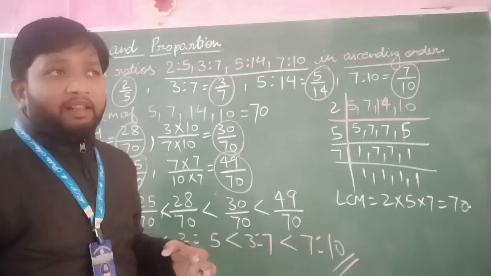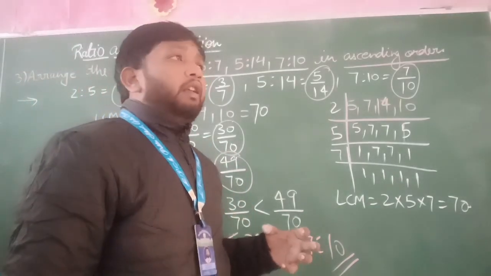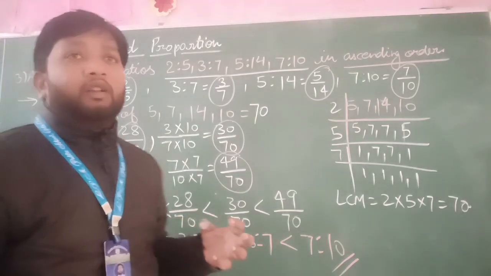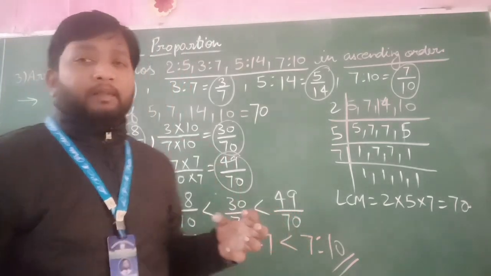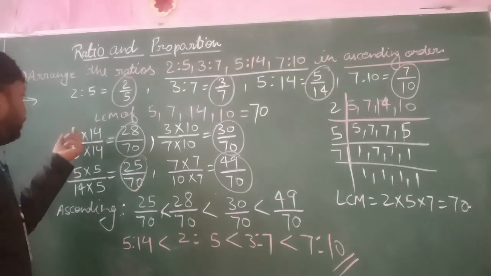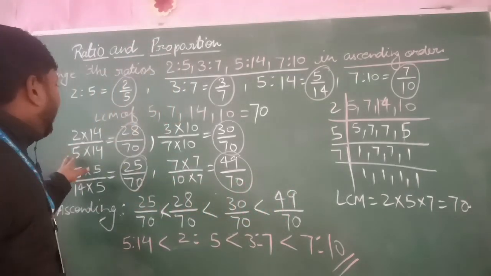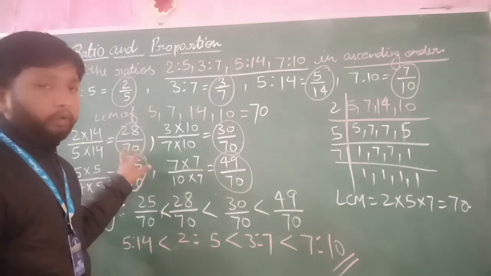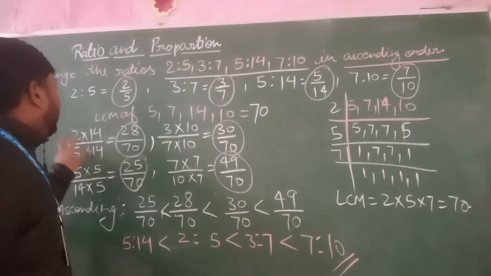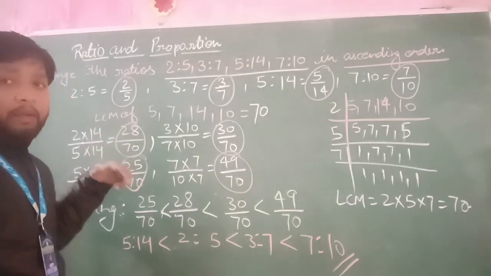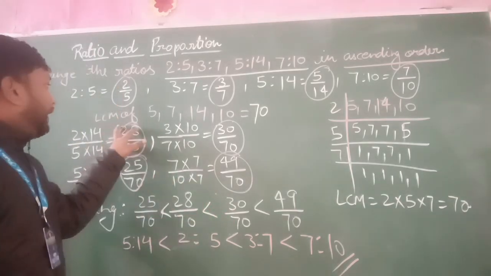If we multiply the denominator by a number, we have to multiply the numerator by that number also. So 2 upon 5: to convert 5 into 70 we multiply by 14, and if we multiply 2 by 14, we get 28.